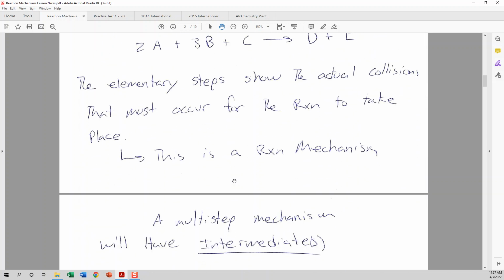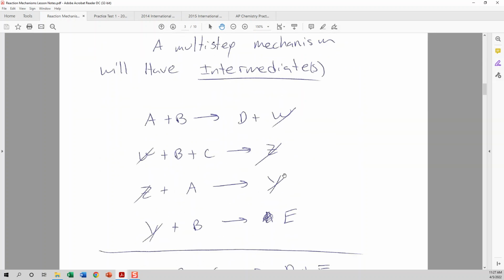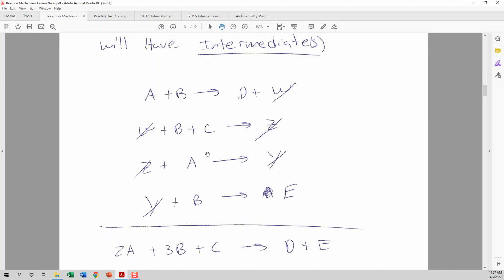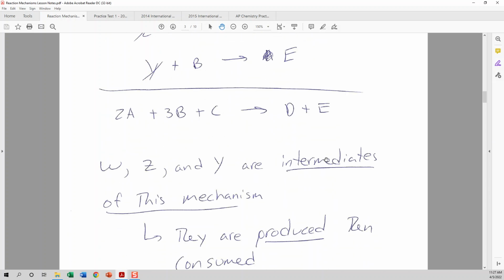All right, so a multi-step mechanism will have what we call intermediates. So we just introduced what those intermediates are. So if this is my reaction mechanism, if these are the steps that have to occur, notice that they add up to the overall reaction that we were highlighting at the beginning. And we have these new things showing up, W, Z, Y. Those are called intermediates. So this reaction mechanism has 3 intermediates, okay? And the way to know you have an intermediate is, number 1, notice the intermediates are not included in the overall reaction, so they cancel out.